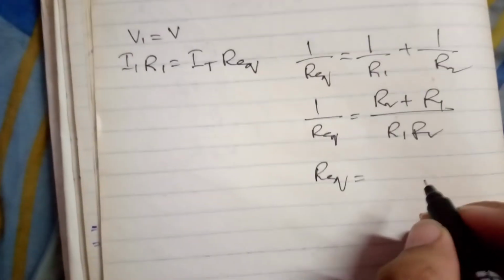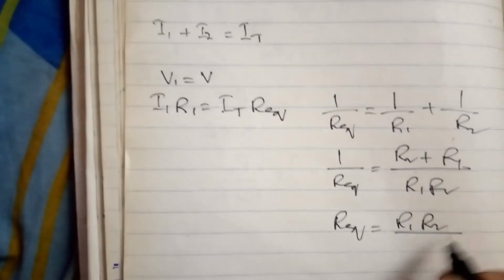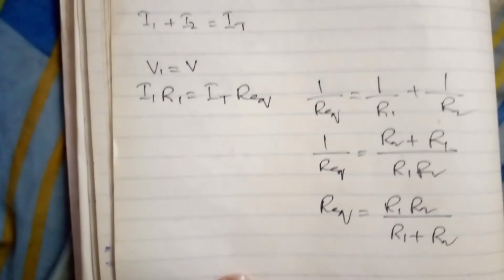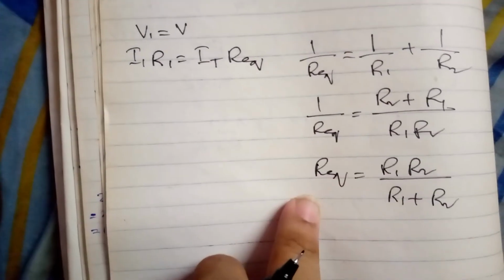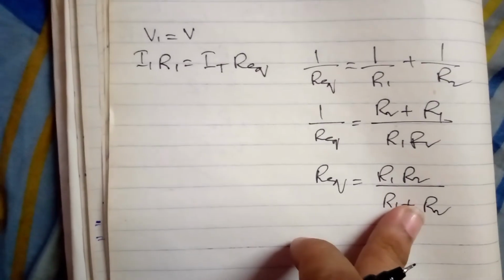So equivalent resistance will be R1 R2 upon R1 plus R2. In parallel combination, equivalent resistance is equal to R1 R2 upon R1 plus R2.